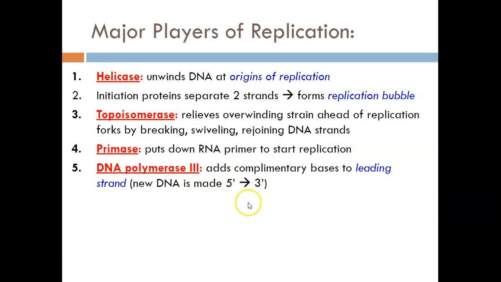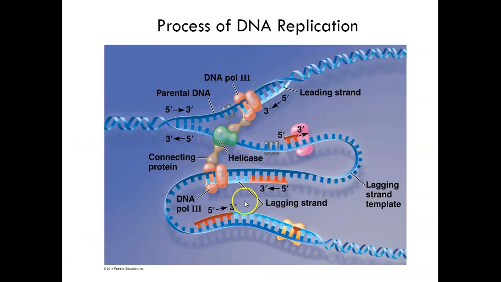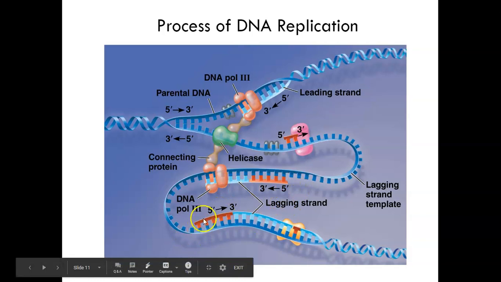If I go back to the one that we had before, you can see a little bit. Here's the lagging strand. So in this case, we have DNA polymerase 3 down here, creating a strand in the 5' to 3' direction, and that's called an Okazaki fragment.